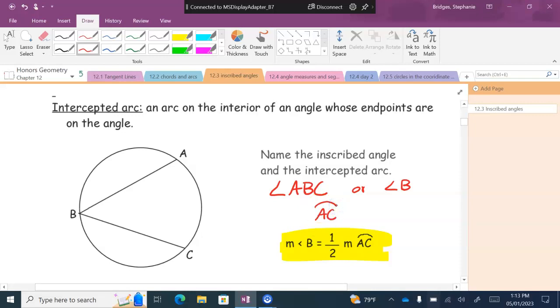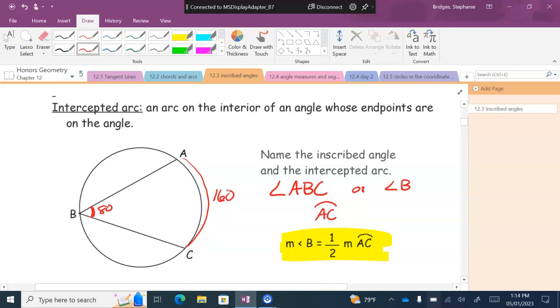And then that highlighted portion there is telling us how to find the measure of the angle. The measure of this angle B right here is going to be half of whatever that arc is. So for example, if that arc is 100, what would the angle be? It would be 50, okay? Or I could even go backwards. If the angle is 80, what would the arc be? 160, it'd be double it, right?